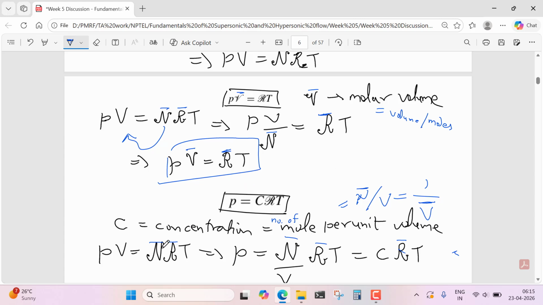So now we have this equation PV equal to n bar R bar T. If we divide the left hand side and right hand side by V, we will get P equal to n bar upon V R bar T. And n bar upon V equal to what? Concentration. We will get C R bar T.